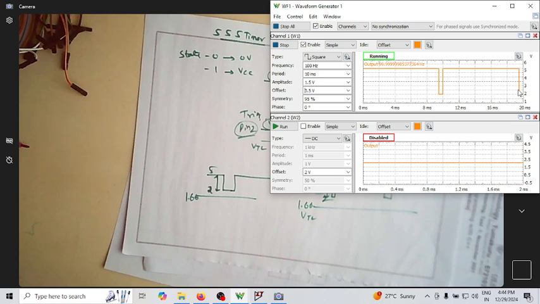This is perfect now. You can see now this is 2 to 5. So I have to have an amplitude of 1.5 volts. The offset is 3.5. You can see now it's going from 2 to 5. Let us see how the waveform will look.